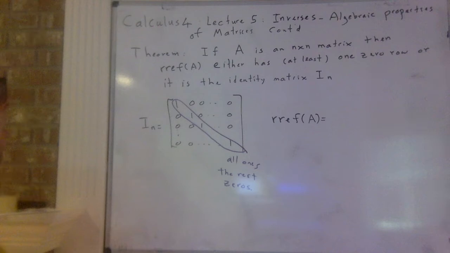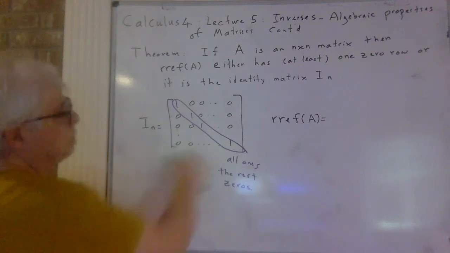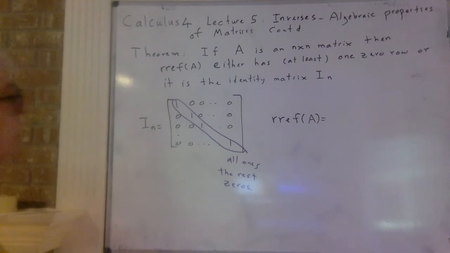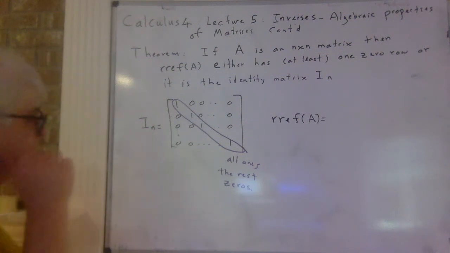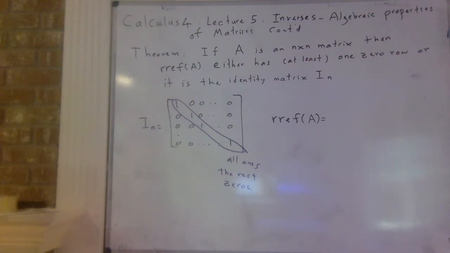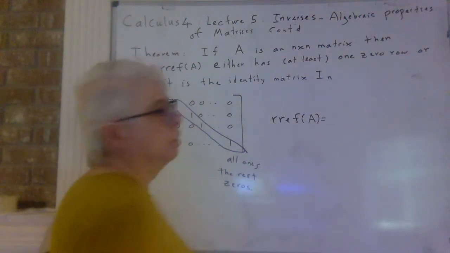So, first of all, if I have a 0 row, then that's it. I have one case. So, we have a 0 row. It's not an identity matrix. So, let's assume that this does not have a 0 row.